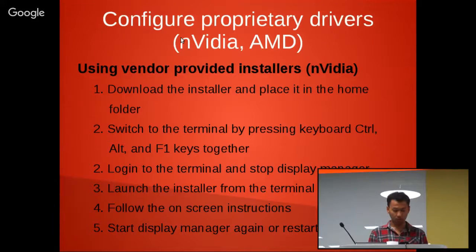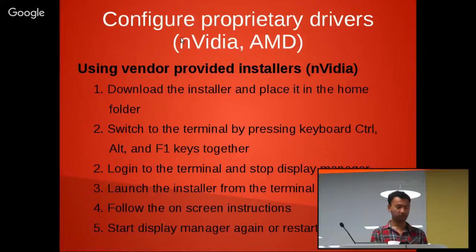So you log into the terminal and stop the display manager. How would you stop the display manager? You type sudo service lightdm stop. It will stop your desktop. And then you type sudo ./ the NVIDIA installer and just follow whatever instructions are on the screen.